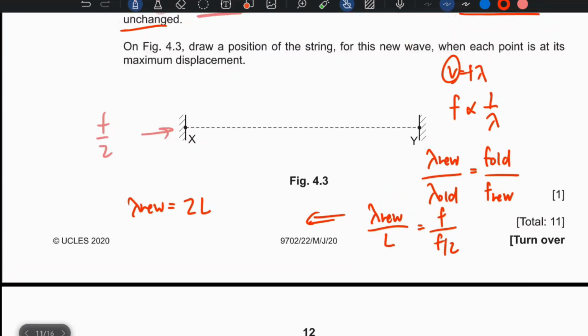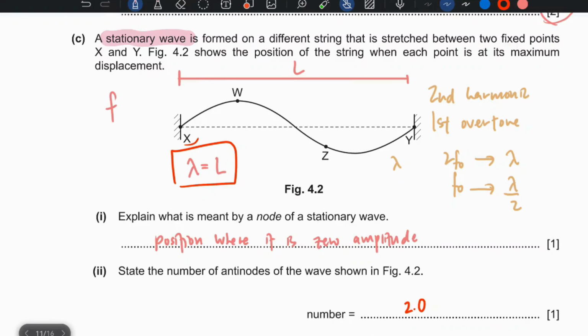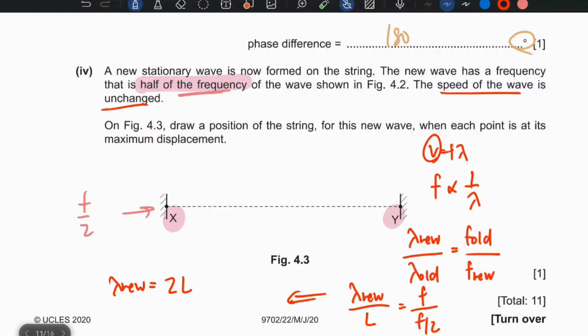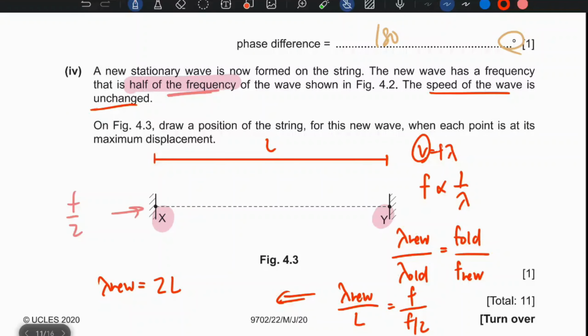If you realize, they also label this as X and Y. That means if the X and Y here has a distance of L, definitely the X and Y here must also have a distance of L. But here now they say the new wavelength has the length of 2L.